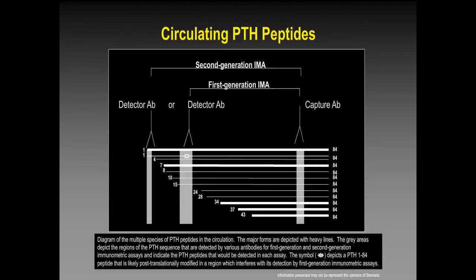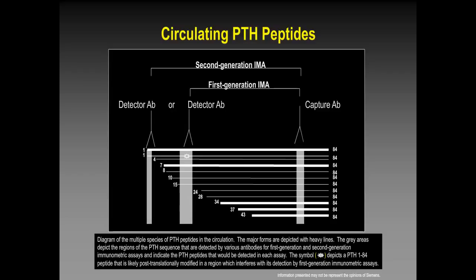So again, just illustrated in a different way, we have many PTH peptides in the circulation. We're trying to measure these with a capture and various detector antibodies, and the site of action of the detection antibody is really critical to what might be measured.